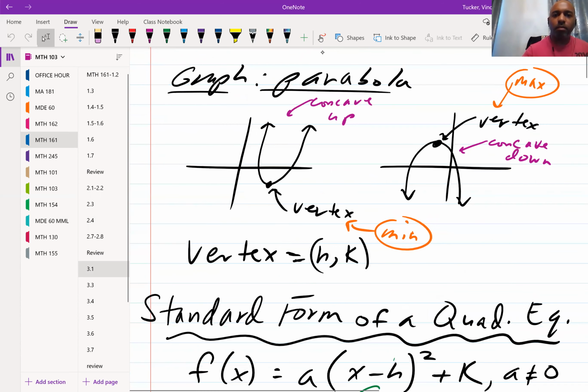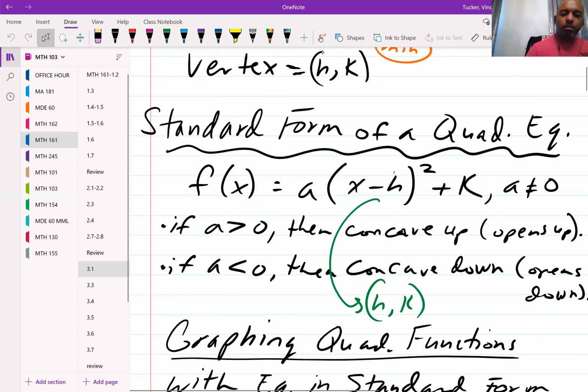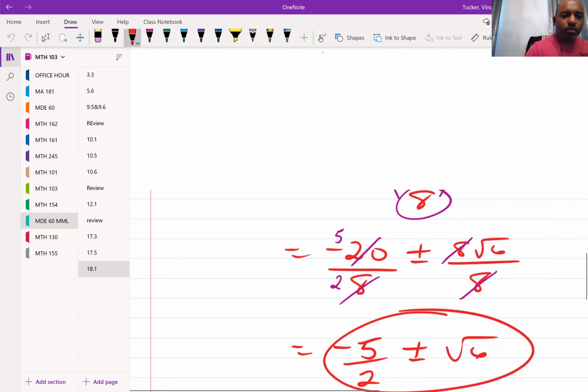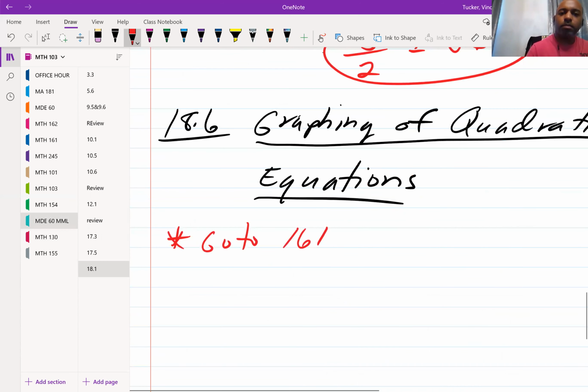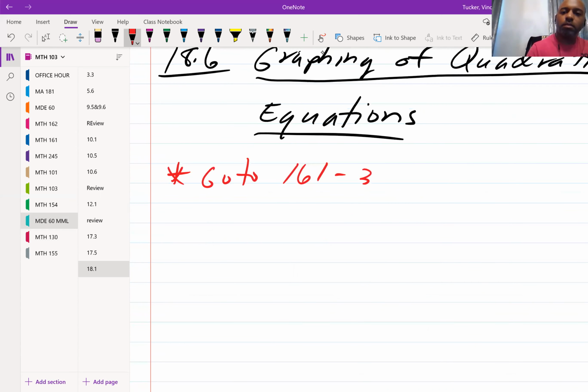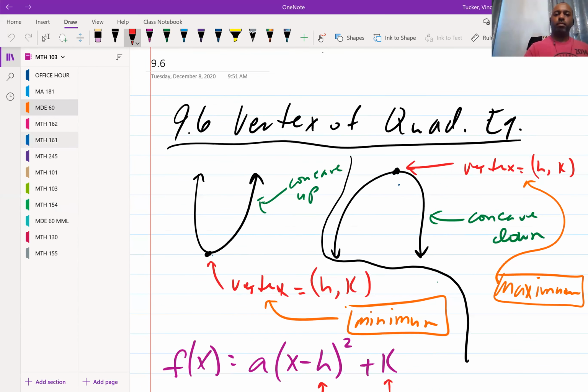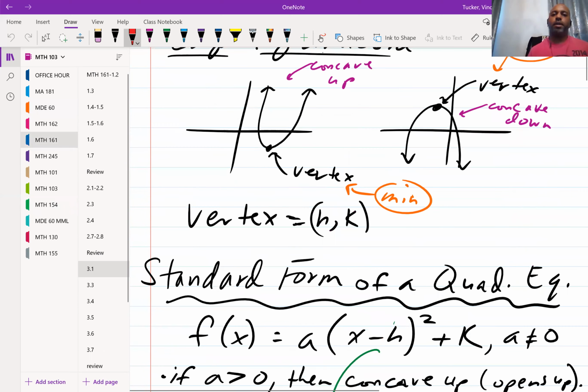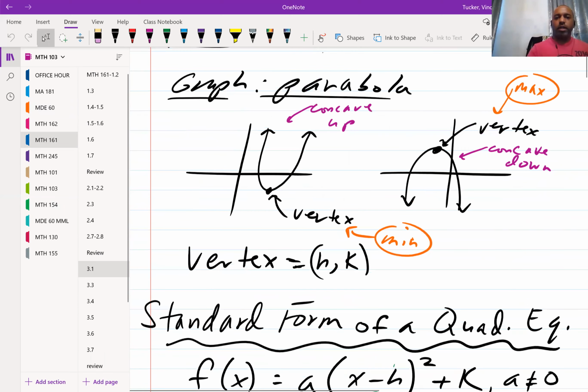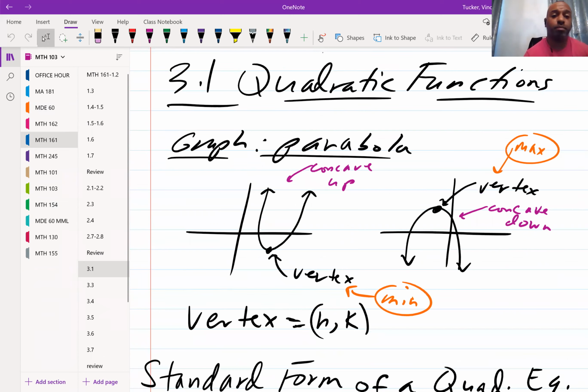Yeah. All right, so this is 3.1. All right, so we're looking at graphing quadratic functions.